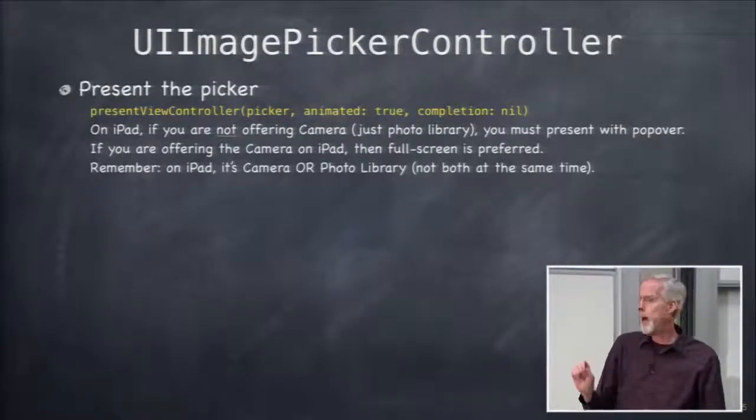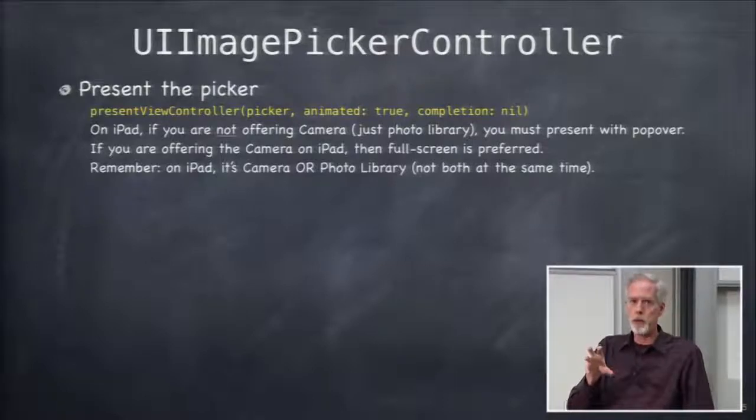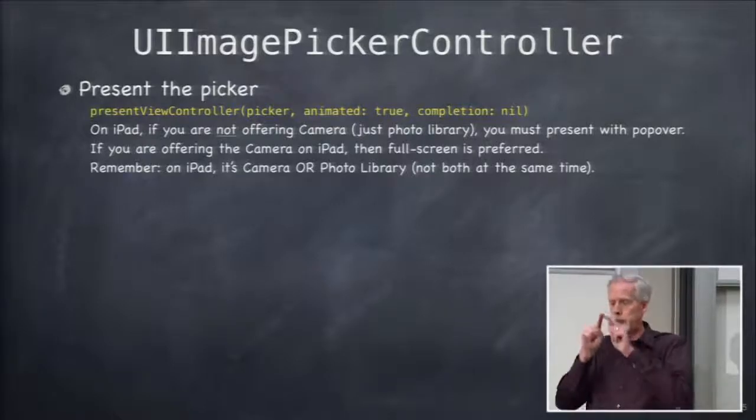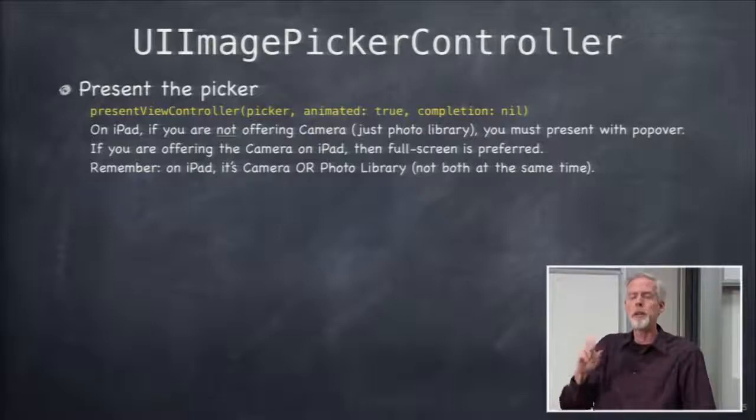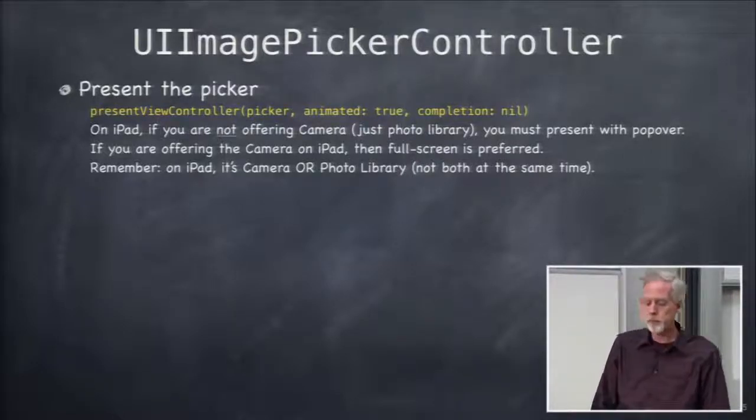However, on the iPad, if you're just looking at the photo library, or the camera roll, you want to present that in a popover because it's only going to be fairly small, like 320 wide by, I don't know how high, 600 or something. So that's really something you're supposed to put in a popover. Now, on an iPhone, it doesn't matter. In both cases, it's going to be full modal, taking over the screen, because it's just too big to put any other way on the iPhone.